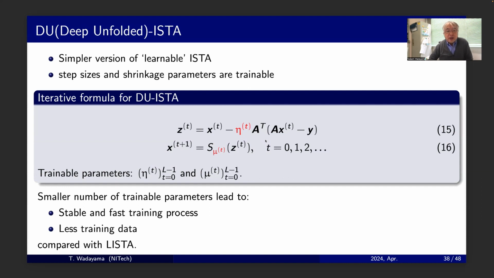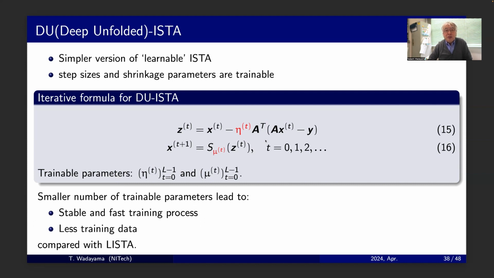Okay, this slide shows the idea of deep unfolded ISTA. Sometimes we call it DU-ISTA in short. That is a simpler version of learnable ISTA. The main feature of DU-ISTA is that step size parameters and shrinkage parameters are trainable. So you see in equation 15 and equation 16, you can see the red variables eta t and mu t.